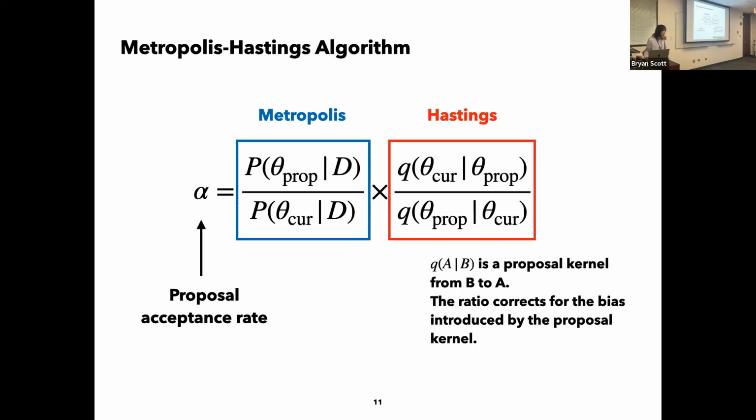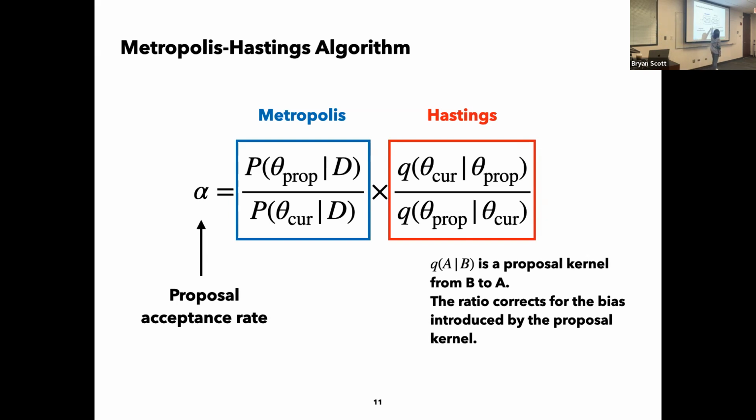So Q here is a proposal kernel, a proposal kernel to move from some current state B to a proposed state A. So in our case, we flip a coin. So from state 3 to 4, that's 0.5. From state 3 to 2, that's 0.5 as well. So in that sense, this Q kernel is symmetric.